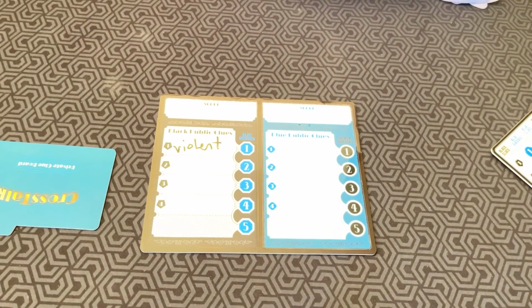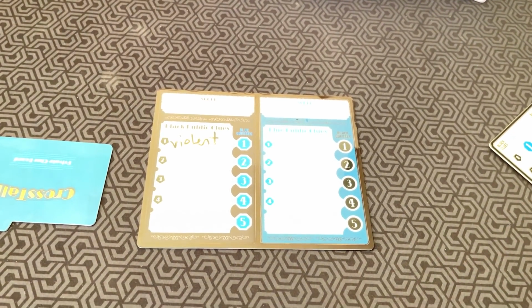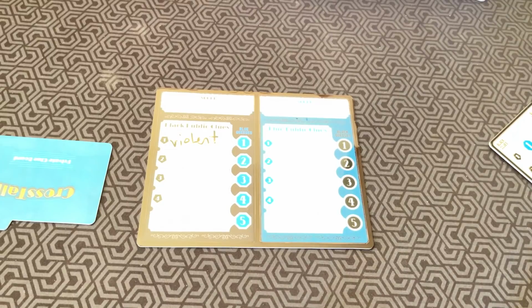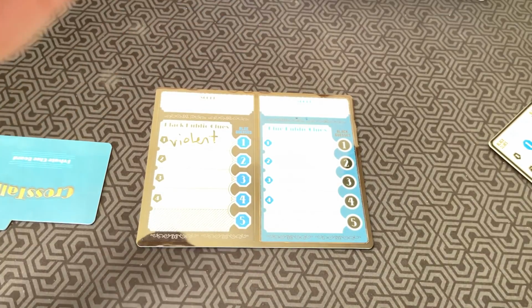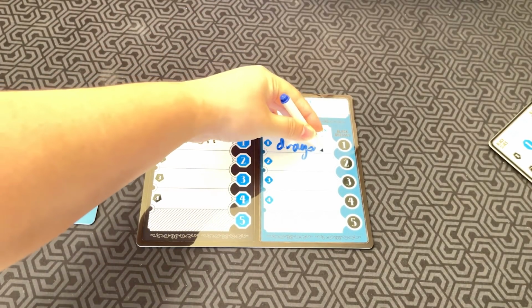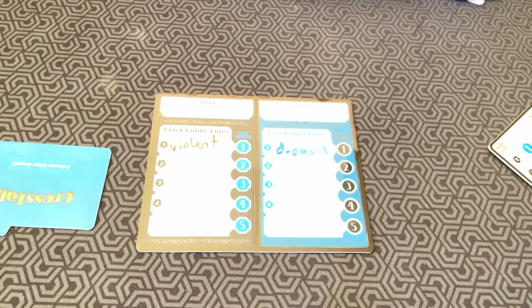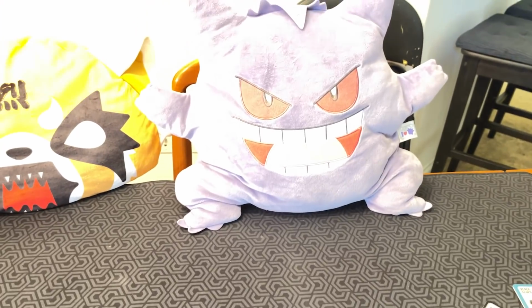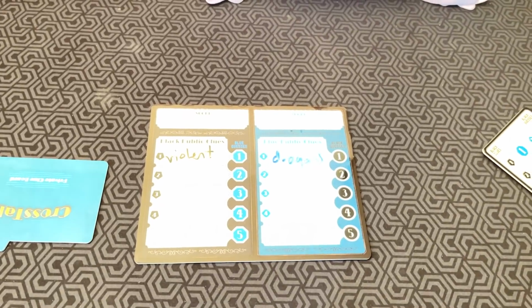Whereas if she doesn't, then the other team gets to go. Let's say the other clue giver says, I don't know, dragons. Now these run the risk of being a little too obvious, because if you're too obvious and Gengar goes, oh, well, it's got to be Game of Thrones, then you've given up the point.